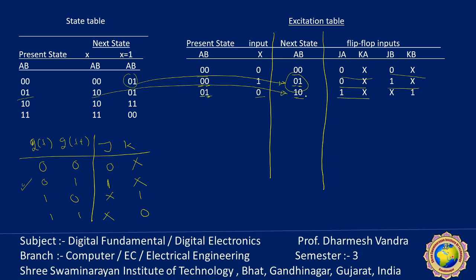B(t) is 1, B(t+1) is 0, so we require x1. So the value of B(t) is 1 and B(t+1) is 0. This is A(t) and B(t), and this is A(t+1) and B(t+1).